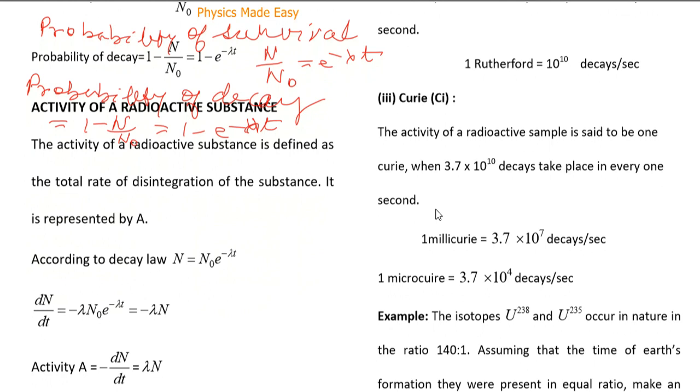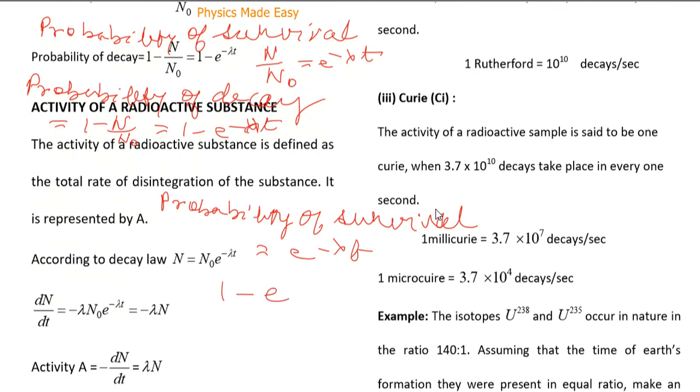Remember once more, the probability of survival is e raised to power minus lambda t. So remember these two things.